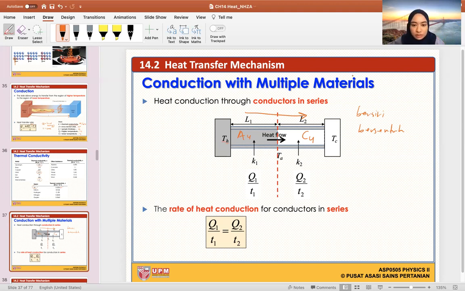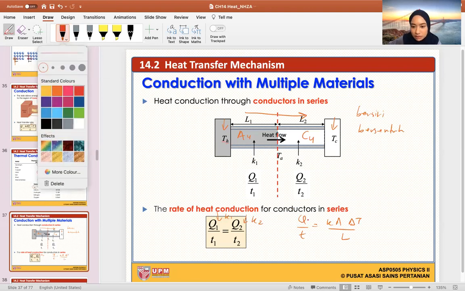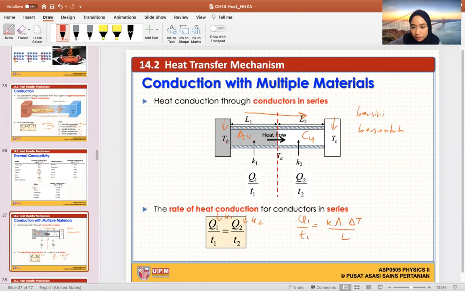We have two materials. This is our hot source. This is our cold source. So the rate of heat transfer Q1 over T1 is related to K1, and equals Q2 over T2, which is related to K2. Remember Q over T is equal to K A delta T over L. So for Q1 over T1, we have K1.